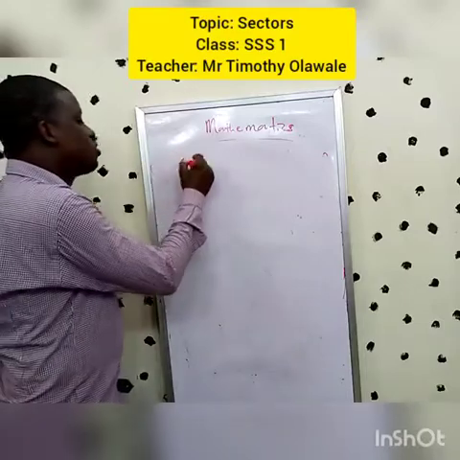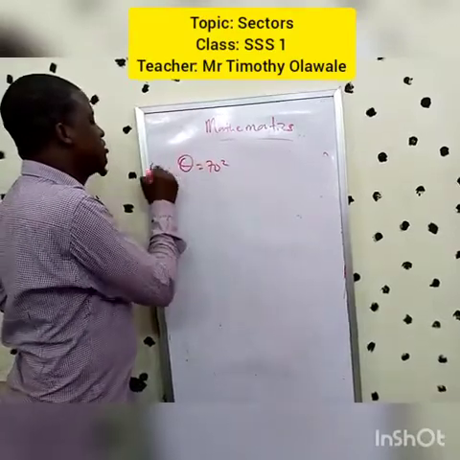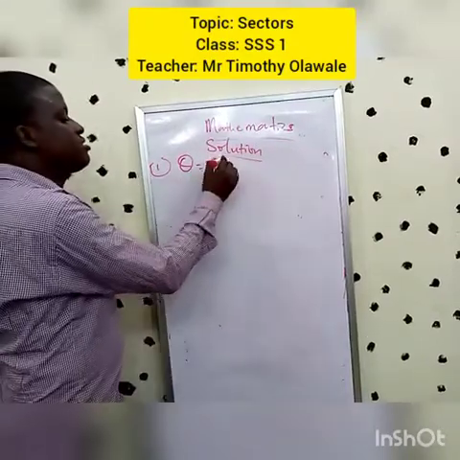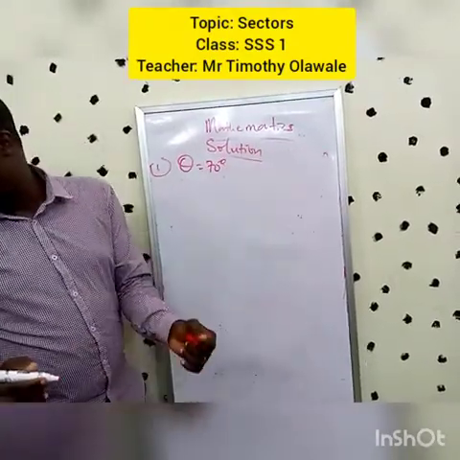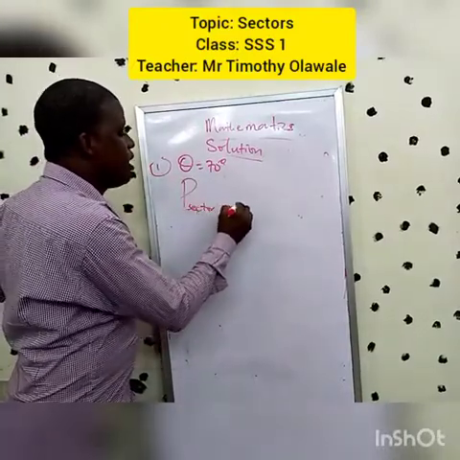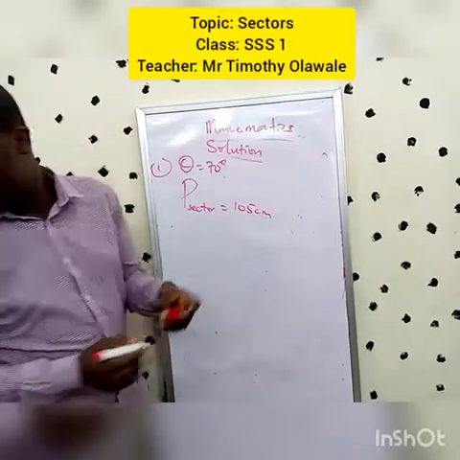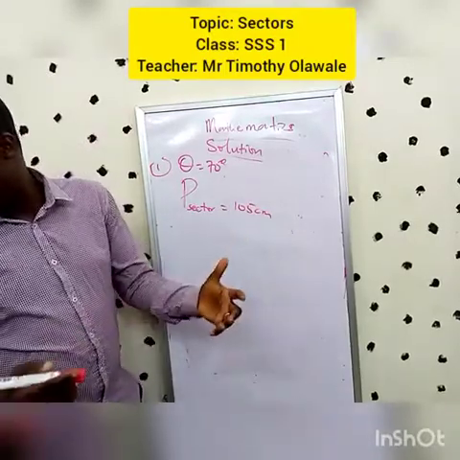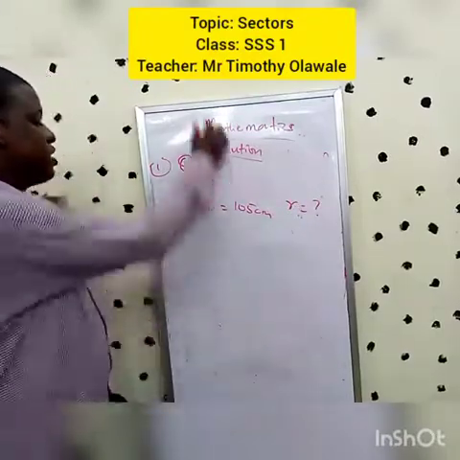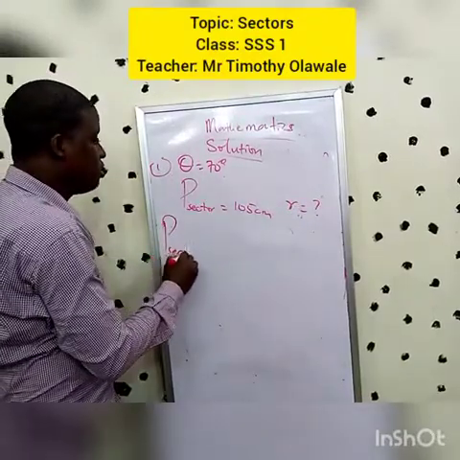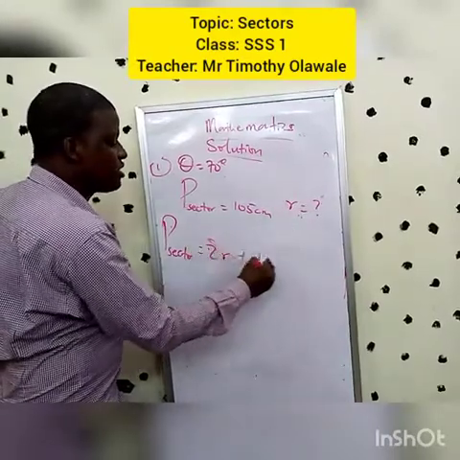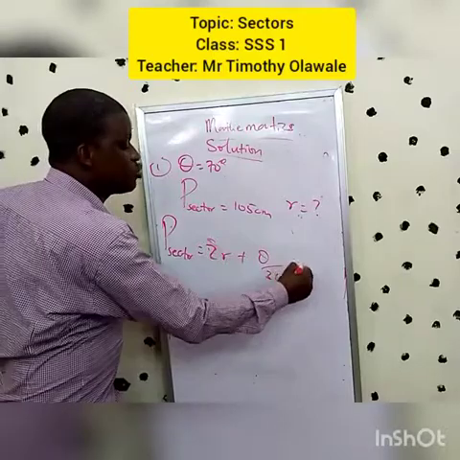This is number 1 solution. The angle is 70 degrees, and the perimeter of sector is 105 centimeters. Calculate the radius. We are looking for radius, so let's write the formula. Perimeter of sector equals 2r plus theta over 360 times 2 pi r.